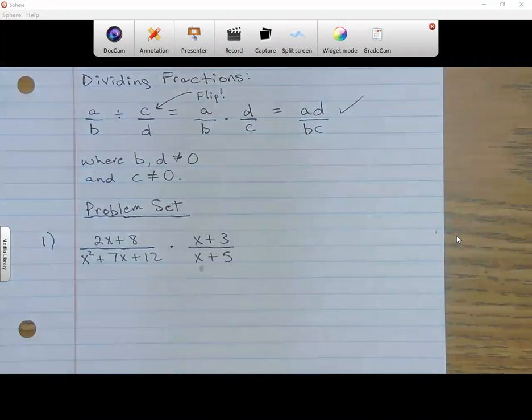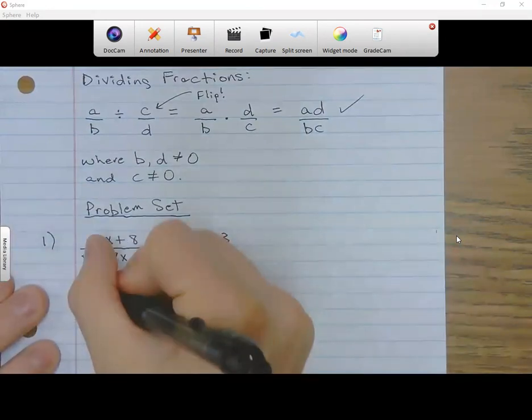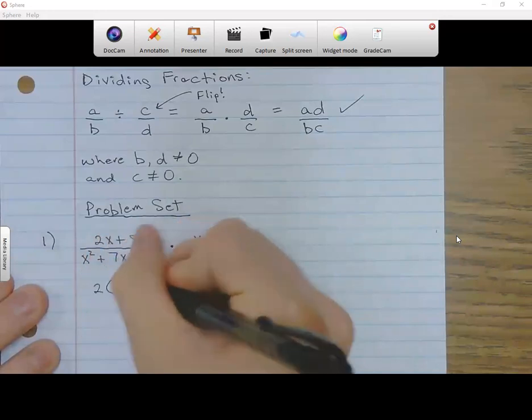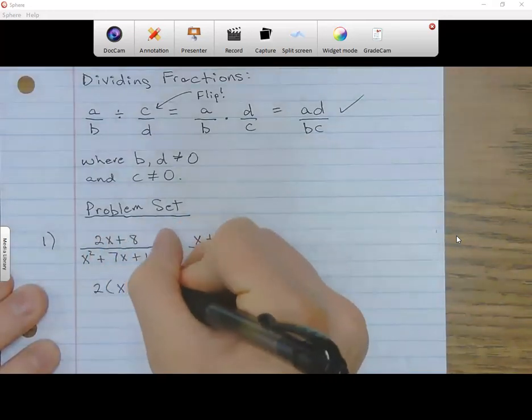So let's look at the top right here. Is there a number that I can take out that 2 and 8 have in common? 2 and 8 can both be divided by what? 2, right? So I can take out a 2, and I'm left with x plus 4.